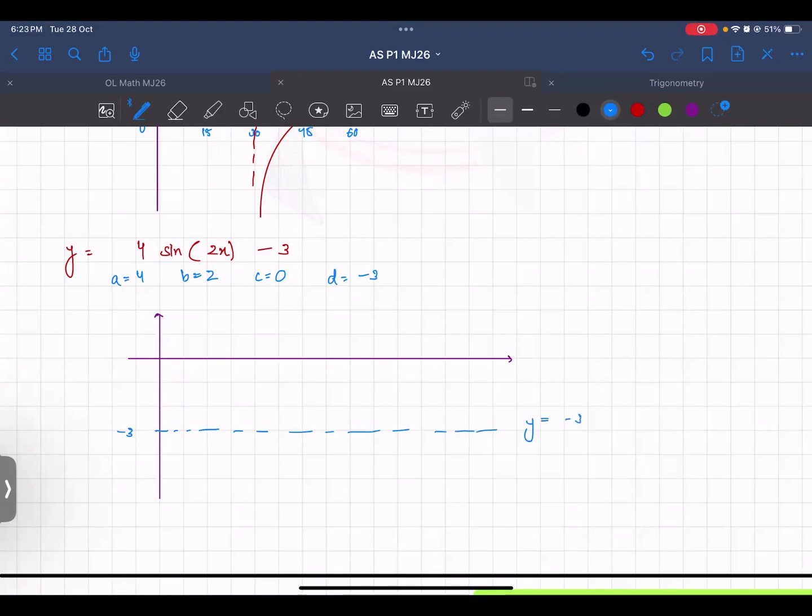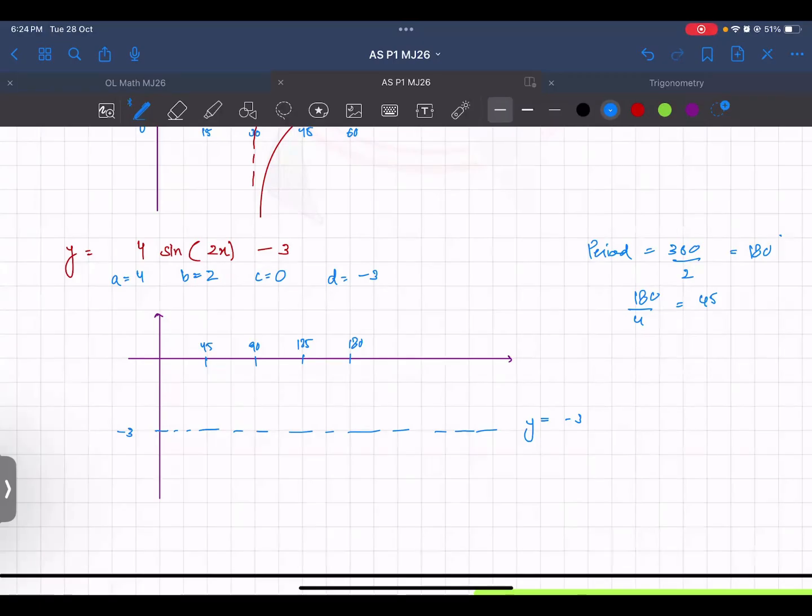Then period. The formula for sine is 360 upon b. So 360 upon 2 is 180, and then 180 divided by 4 will be 45. So 45, 90, 135, 180.